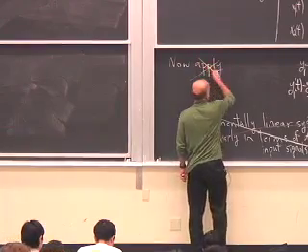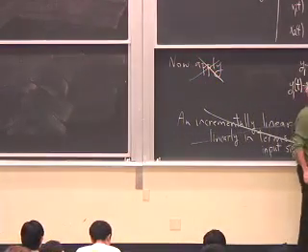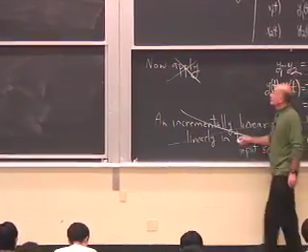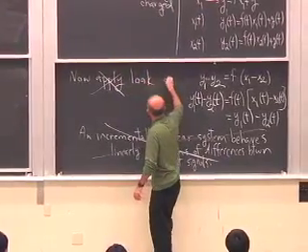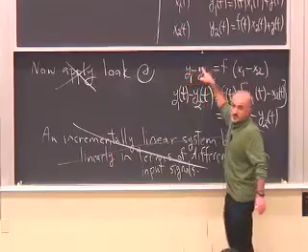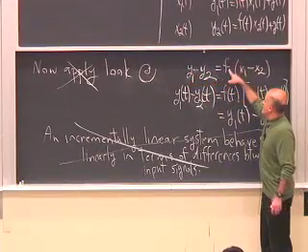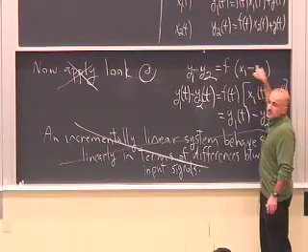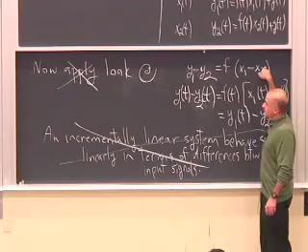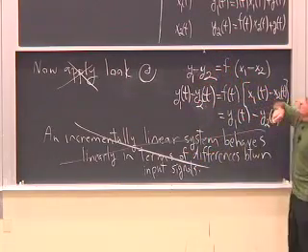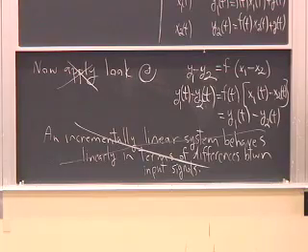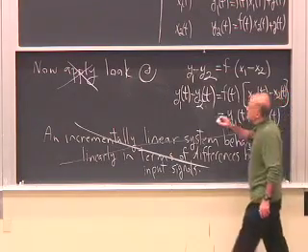So let me just clean up this act. Instead of saying "now apply," say "now look at." So you look at the difference between two outputs, and you see that it's a linear function of the difference between the corresponding inputs. These kinds of systems, which we've also called incrementally linear, are also called quasi-linear.